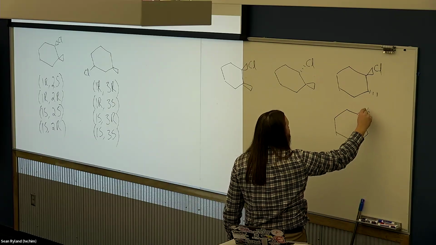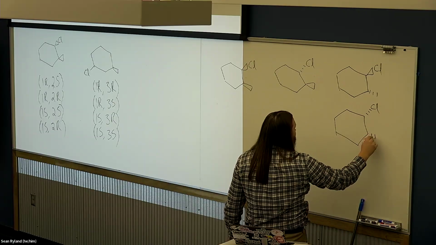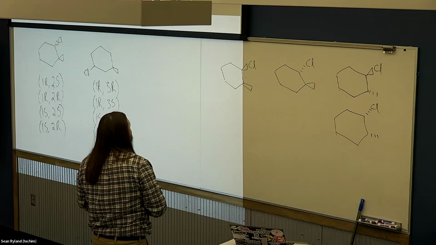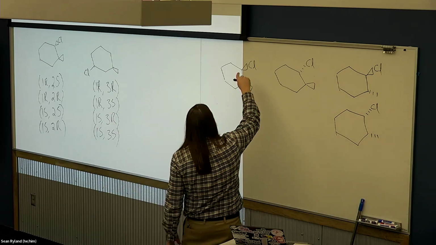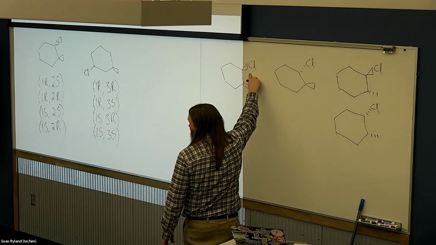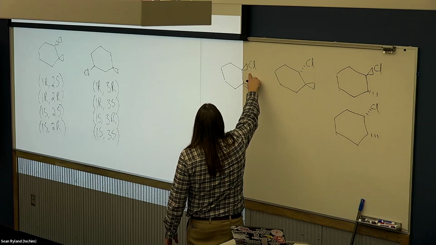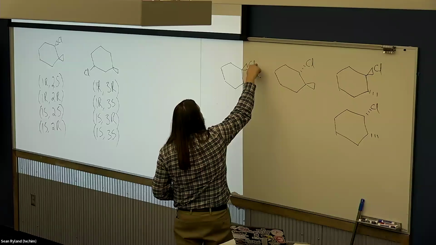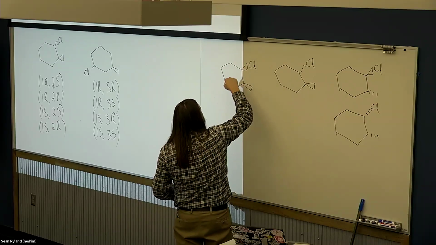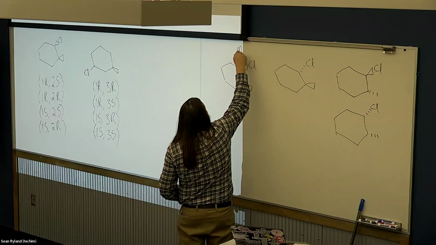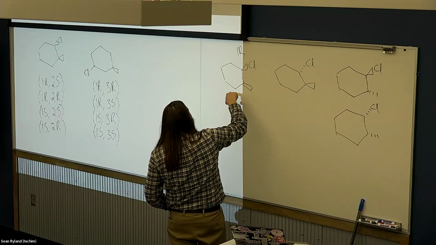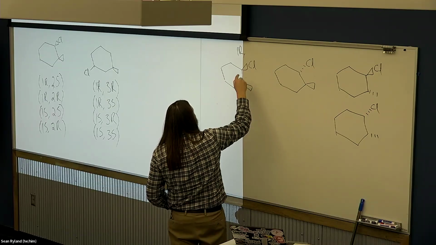Let's look at it. So this one's cis. And the stereochemistry for this position is going to be 1, 2, 3. So it's going to be 1R. And then this position, stereochemistry is going to go 1, 2, 3.